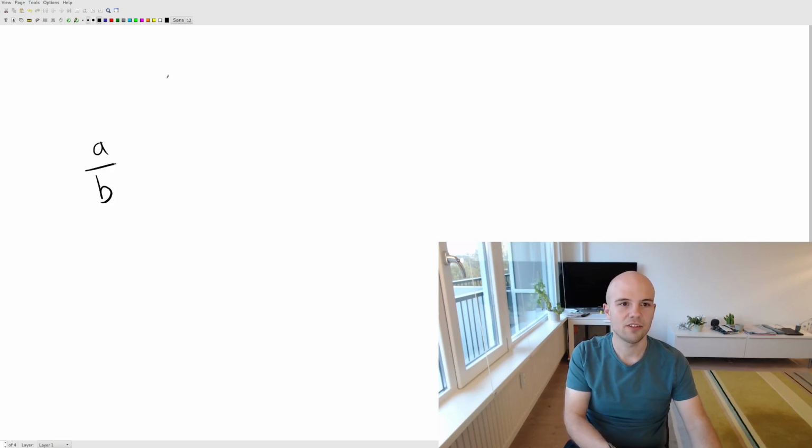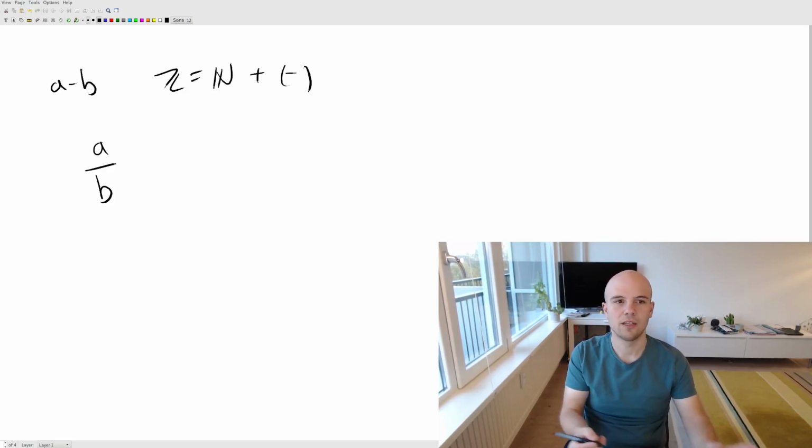We thought the integers are really the natural numbers plus the minus operation, and there we represented every integer as a difference of 2 natural numbers. And now we will define the rational numbers in a very similar way, essentially with the idea that the rational numbers are the integers plus the division operation.